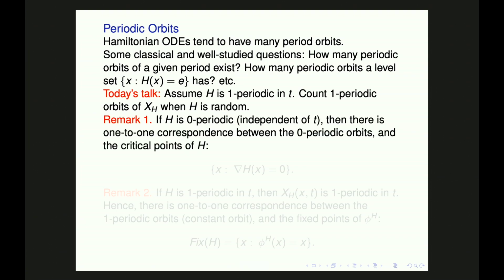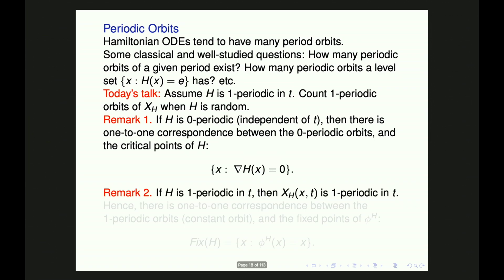But maybe I should compare it to the scenario when you have a Hamiltonian that is zero periodic. Zero periodic means a Hamiltonian that doesn't depend on time. If the Hamiltonian doesn't depend on time, then you may search for zero periodic solutions. But zero periodic solutions means constant solutions, something that doesn't change with time. And then it's the trivial answer to the question.